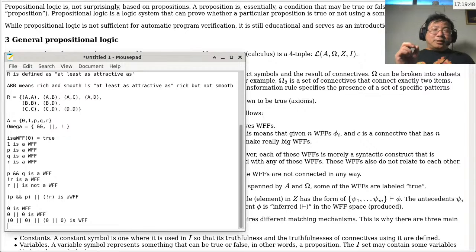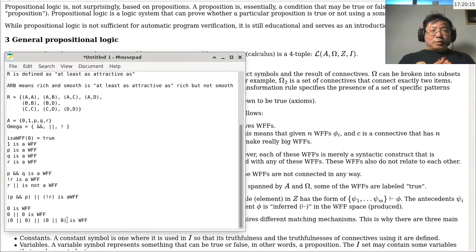So the question was, if I want to consider a set of all possible well-formed formulae, is that set finite, which means it only has a certain number of elements, or is it infinite, which means there's no way to exhaustively list all the elements? The answer was it is infinite because I just gave you an example, right?